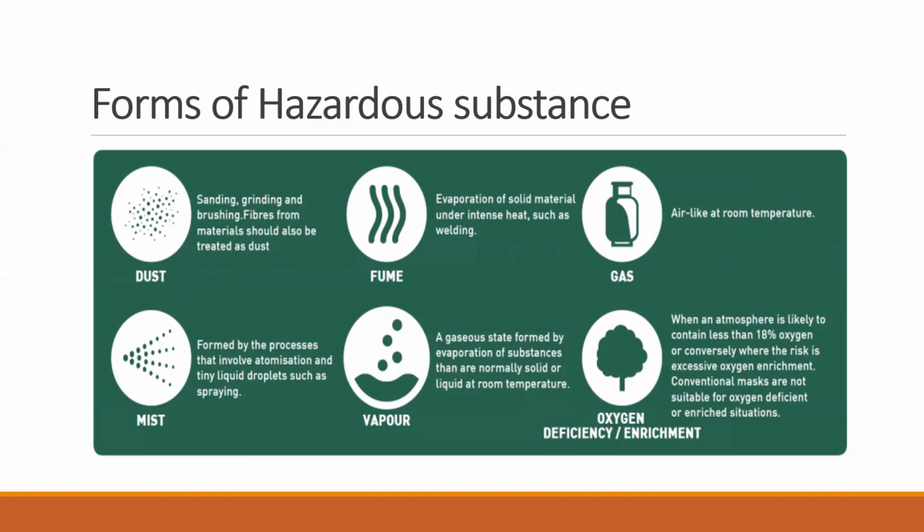But at the same time, when this dust is in the form of fiber, when this dust is in the form of asbestos, our nasal system can naturally stop only the particles which are more than 5 microns, right? But the asbestos fibers are less than 5 microns.